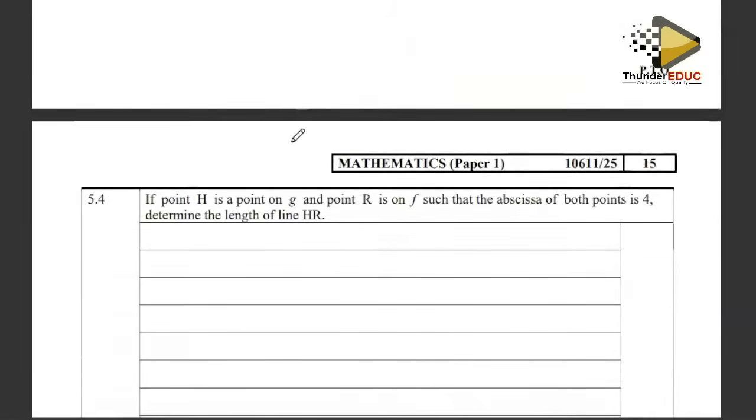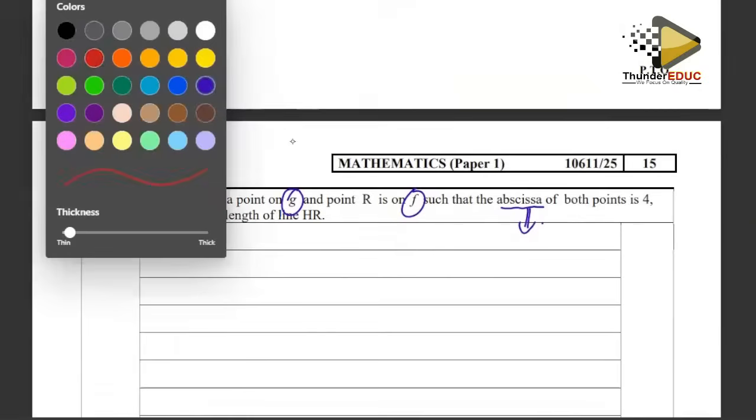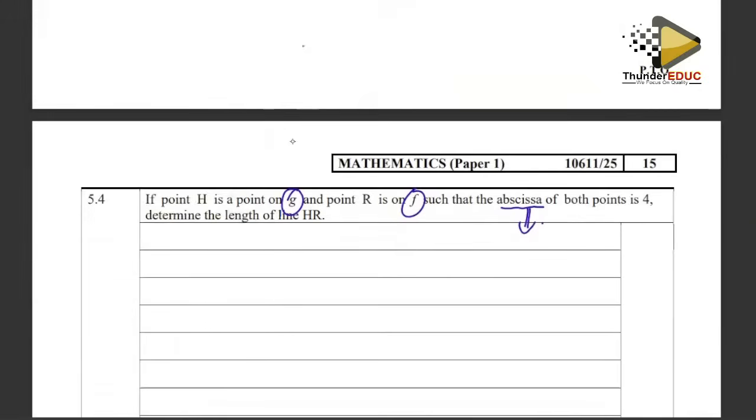Then they are telling us that if H is a point on G, R is a point on F, such that, yes, this word, guys. So something is not right. I mean, the examiner cannot be examining English instead of maths, because this word is complex.